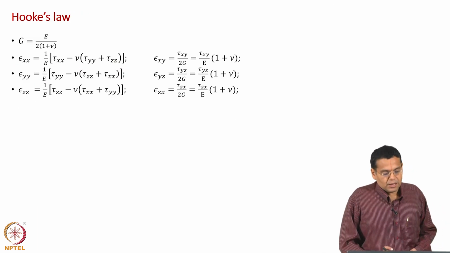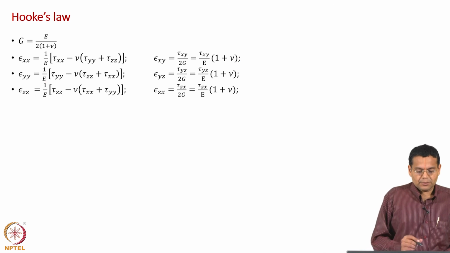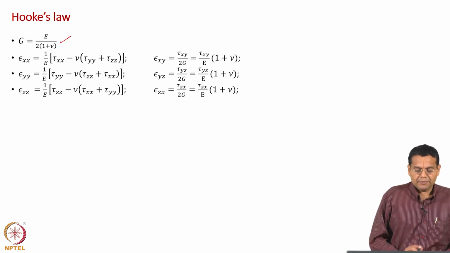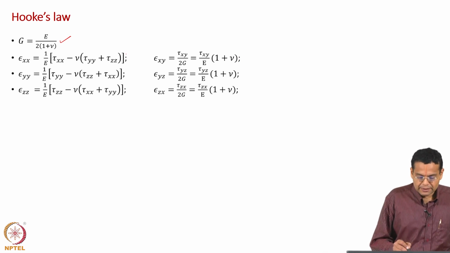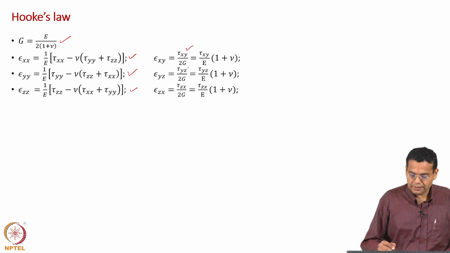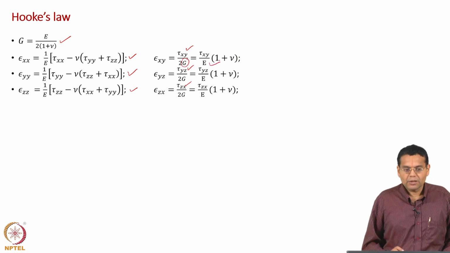So, now we can write Hooke's law in terms of two material properties. The first line represents the relationship between G, E and nu, which I derived in the last slide, and the 6 equations which I have written earlier are written here again. But now instead of G, I can write in terms of E and 1 plus nu.